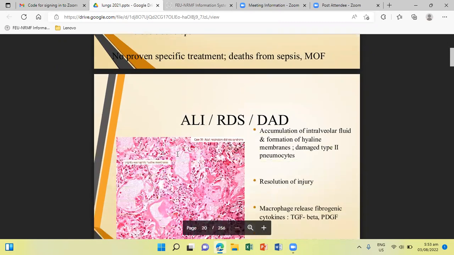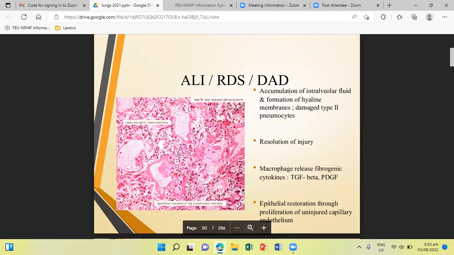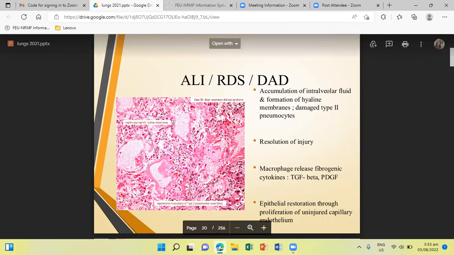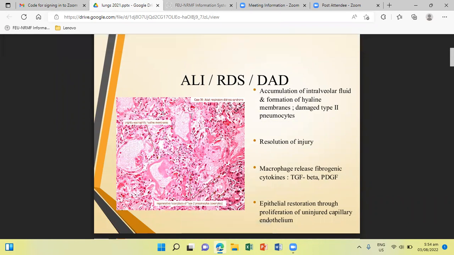So, the histologic examination of ALI or RDS is as follows. As you can see, we have a pink hyaline membrane lining the alveolar walls. The alveoli are lined by pinkish hyaline membrane. They are representative of damaged type 2 pneumocytes.